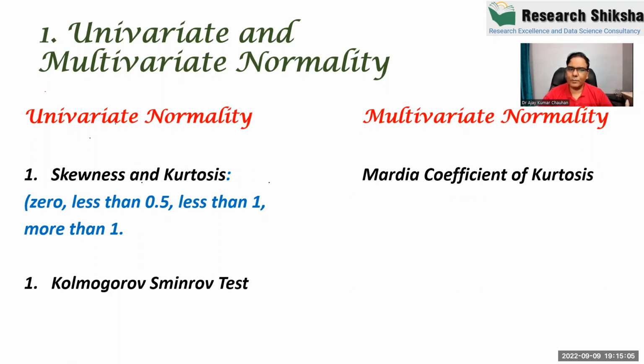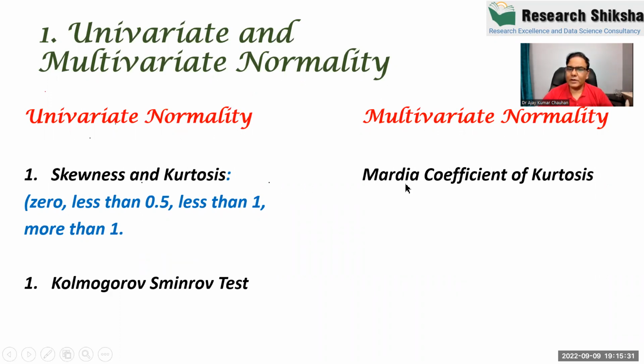In that case, you have to compare with 1. And in some of the, especially covariance-based SEM, they are also calculating the multivariate normality. Multivariate normality means taking all variables together, whether the construct or the model is having multivariate normality or not.